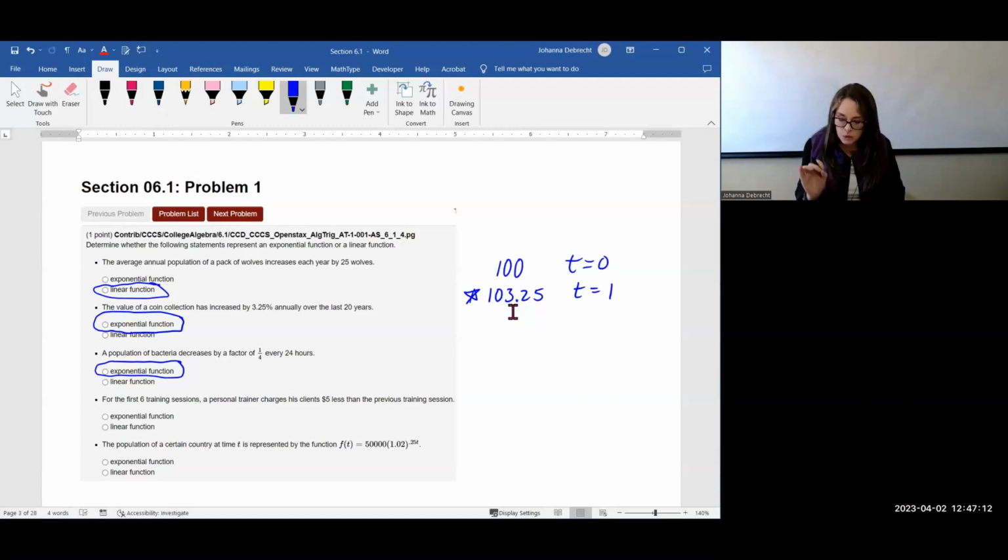All right. So when we're looking at this one right here, the increase wouldn't be another 3.25. It would be 3.25% of 103.25 added to 103.25. Let me just go ahead and figure out what that would be so that you can see what we would get.